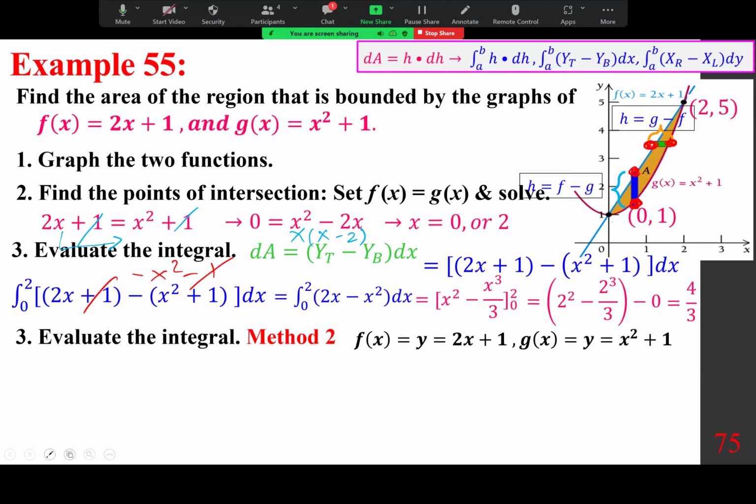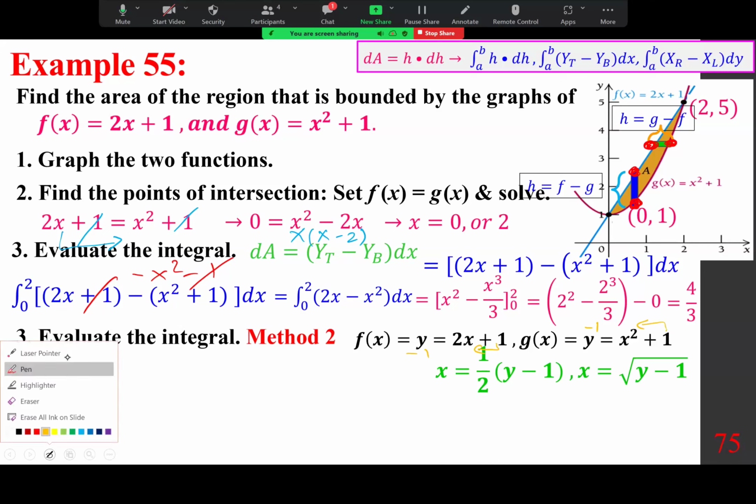I hope you recognize this as y minus 1 divided by 2. And this one, y minus 1, you take a root. And there are two answers. Let me just be clear as to what happens here.